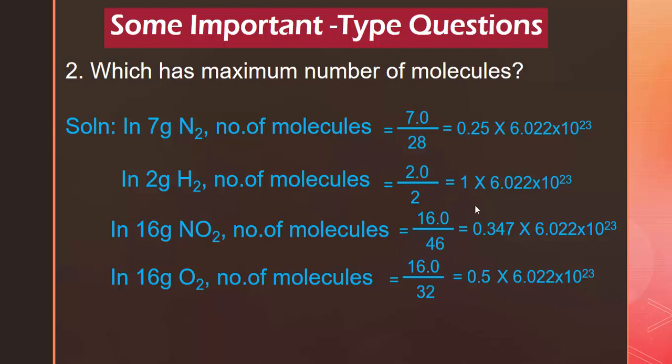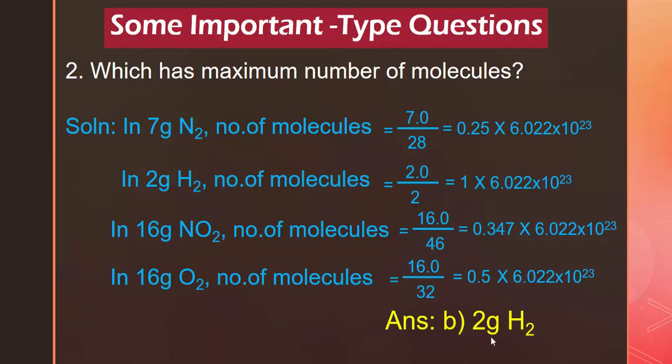So if you look into these values, you will find out that excepting hydrogen, all the other three options are having values lesser than 1 mole. So therefore 1 into Avogadro number will be the one which is having the larger value. That means these 2 grams of hydrogen will be containing the maximum number of molecules of the 4 components given to us.